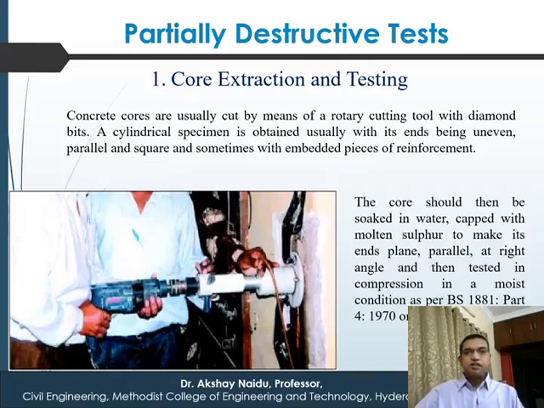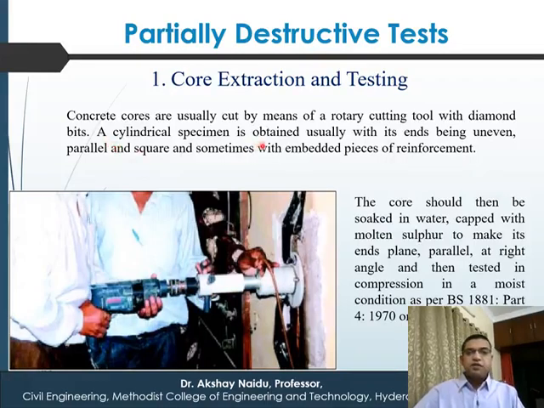The first of the partially destructive tests for identifying mechanical properties of concrete is core extraction and testing. Concrete cores are usually cut by means of a rotary cutting tool with diamond bits like this. There's a handheld drilling bit, and there are machine held drilling bits also.